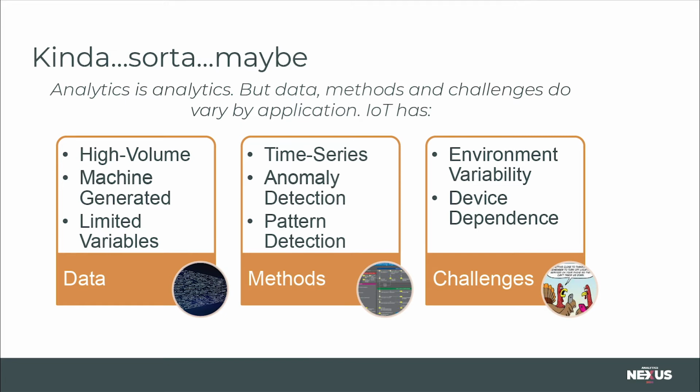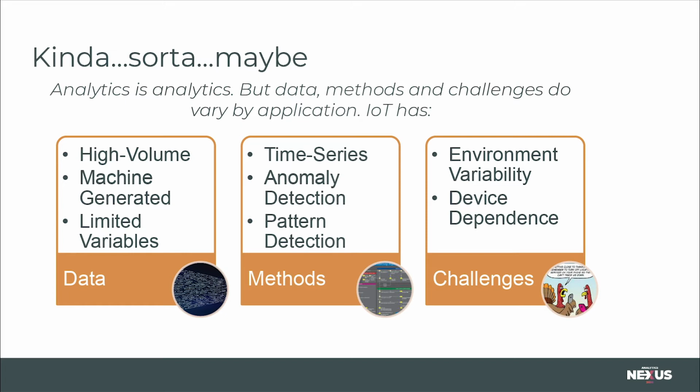Now, one thing you will find with the data generated by most IoT devices is that it's pretty limited. If you're used to dealing with customer analytics and you have a customer database with 100 or 1,000 or 5,000 different columns in it, you're probably going to find IoT data a little bit limiting. A lot of IoT devices spin off a single kind of data.